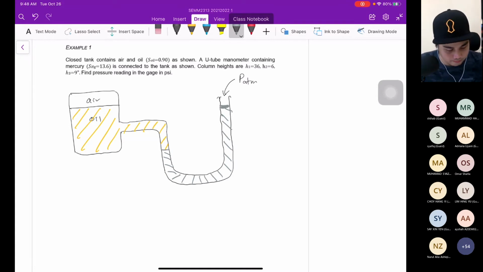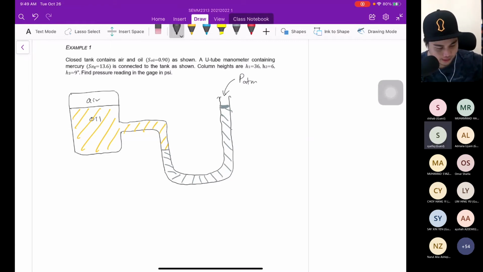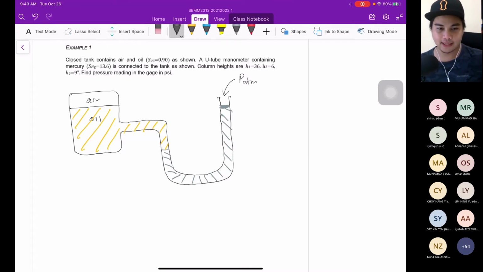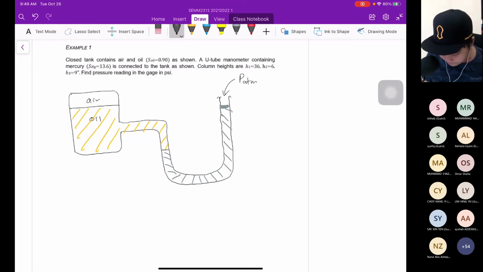So remember the first step, what we need to do. We need to set the reference line or reference point. Let's put it from here.